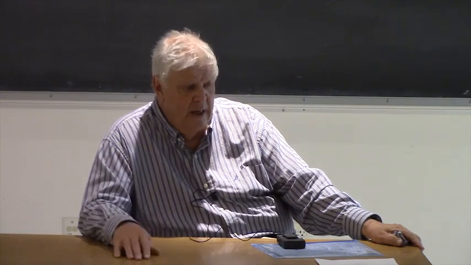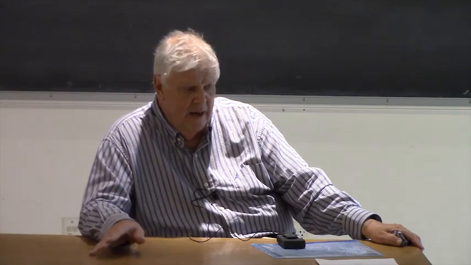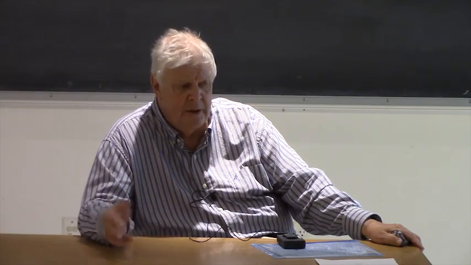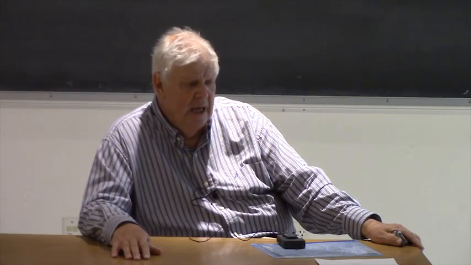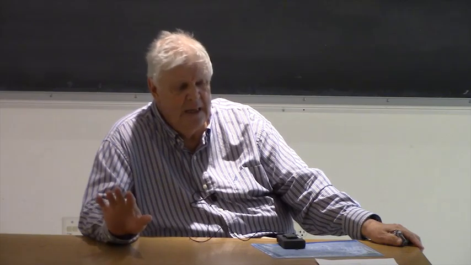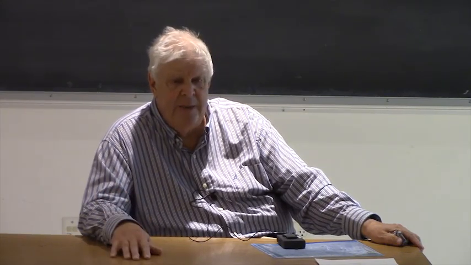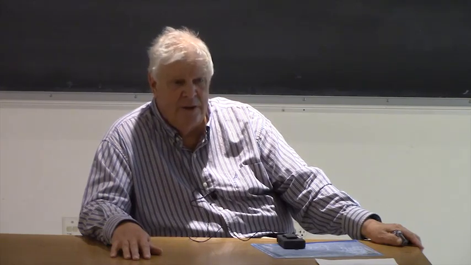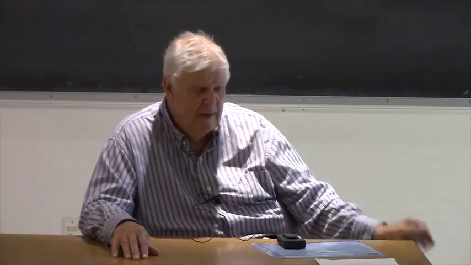So I will begin with the following thing. I will write something on the board, but let me just say what I'm going to do. Suppose that we have an orientable, let me say compact for now, orientable compact n-dimensional manifold, and a form of degree n, the same degree as the dimension of the manifold.